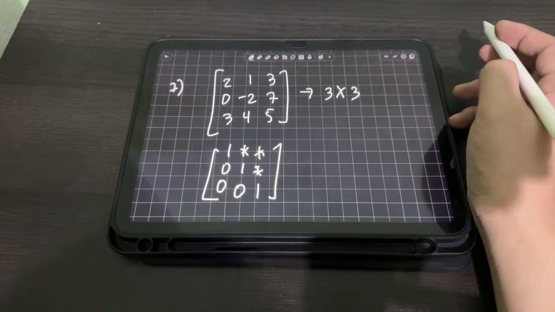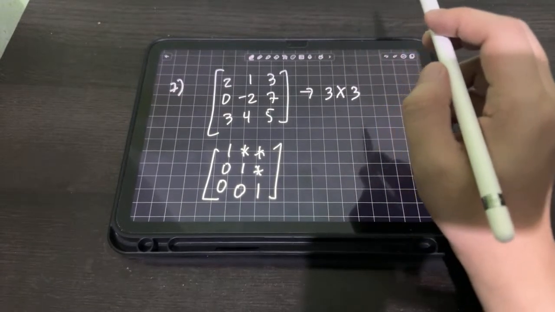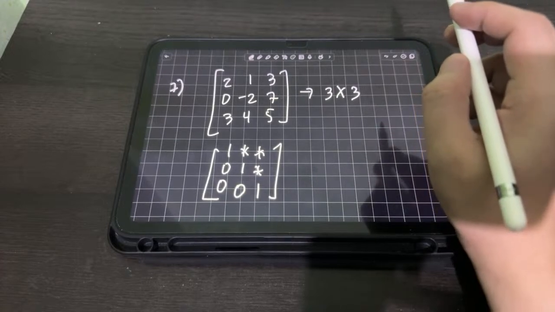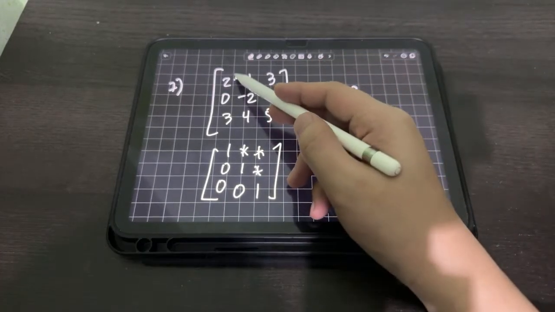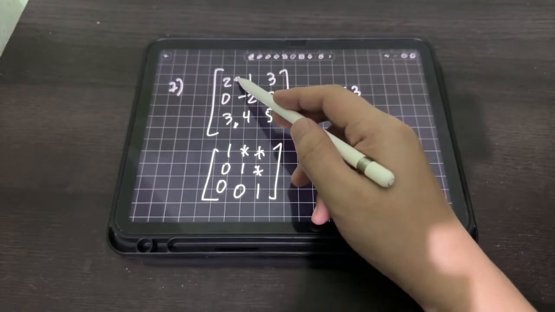Notice that you can create a term 1 from 2 entry here by what?